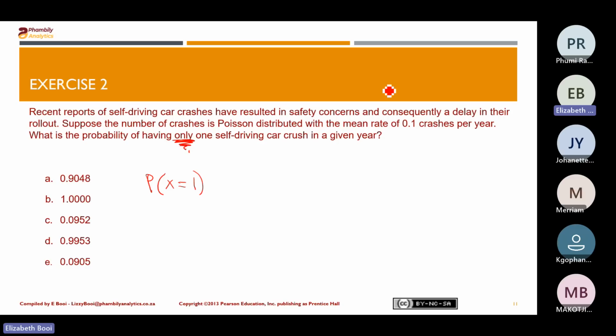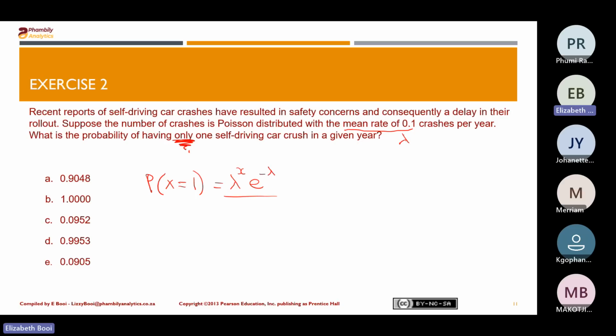And what is our lambda? 0.1. Lambda is 0.1. So for those who want to use the formula, that will be the formula. Some books write it like this, but it is still the same thing.